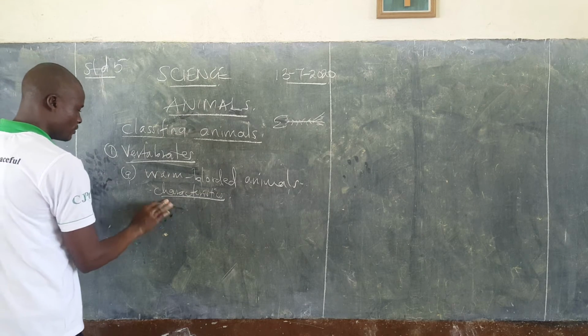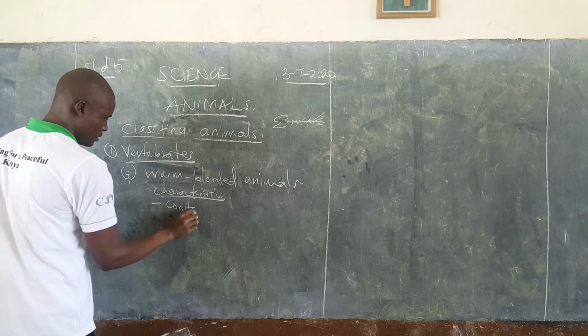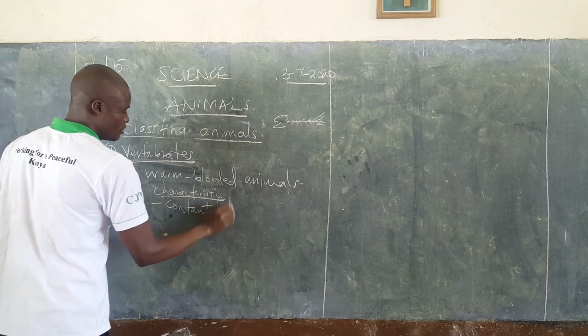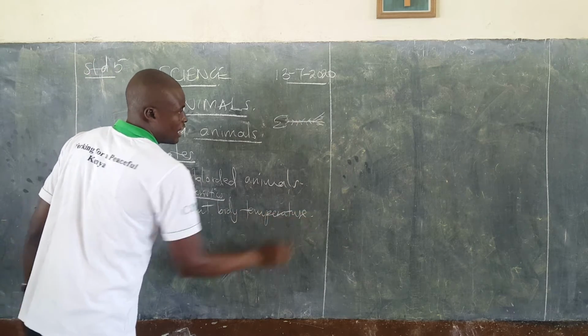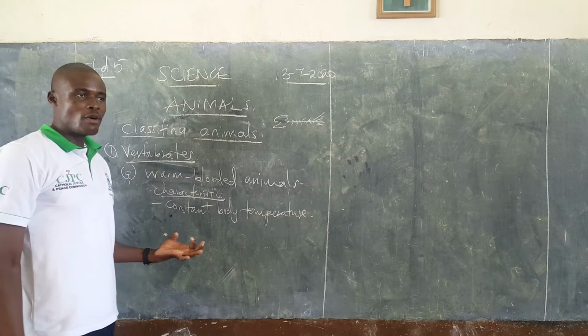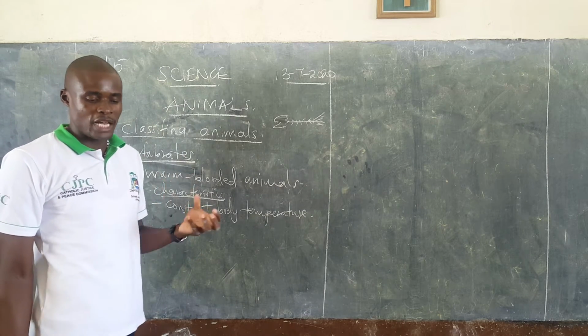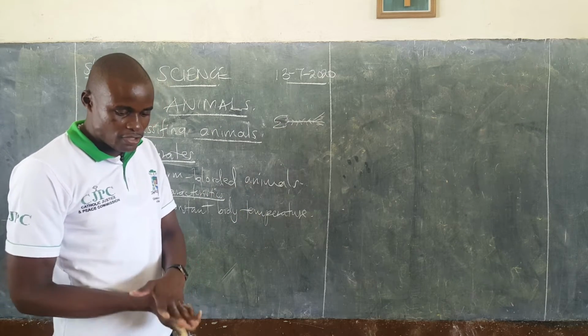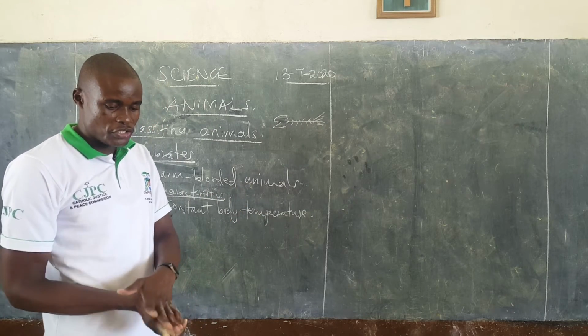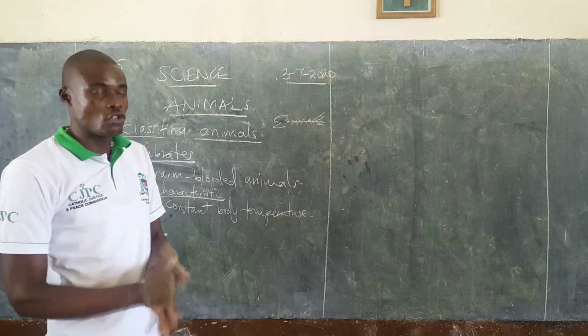Animals which are warm-blooded, we can also describe as having constant body temperature. A constant body temperature does not change even when the surrounding is hot or cold.